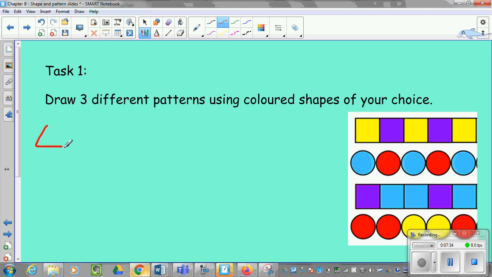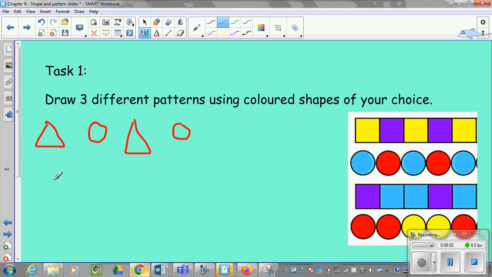So for instance, I'm going to go triangle, triangle, circle, triangle, circle. And I haven't used a ruler for my triangles. I haven't used anything to draw around for my circles. I could maybe use like a milk lid to draw around for those. I could maybe use a ruler for these. Okay, I can use different colours if I want to. Now, that is your first thing I want you to do.